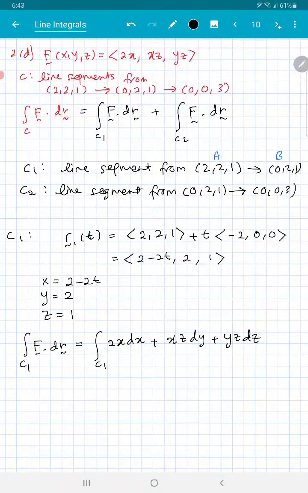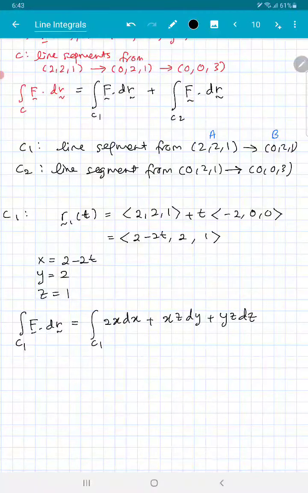Okay, since our line integral is in 3D, we're going to change all the x, y, and z to parameter t. So x here will be replaced by 2 minus 2t, y will be replaced by 2, and z will be replaced by 1. We also need to change dx, dy, dz in terms of dt.